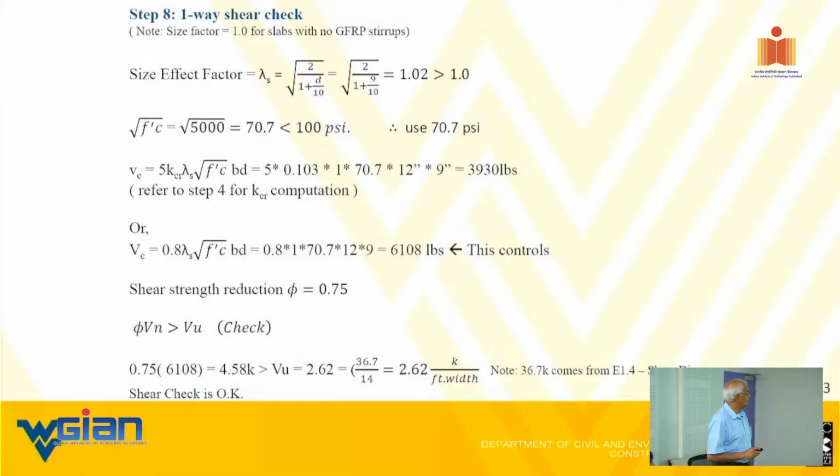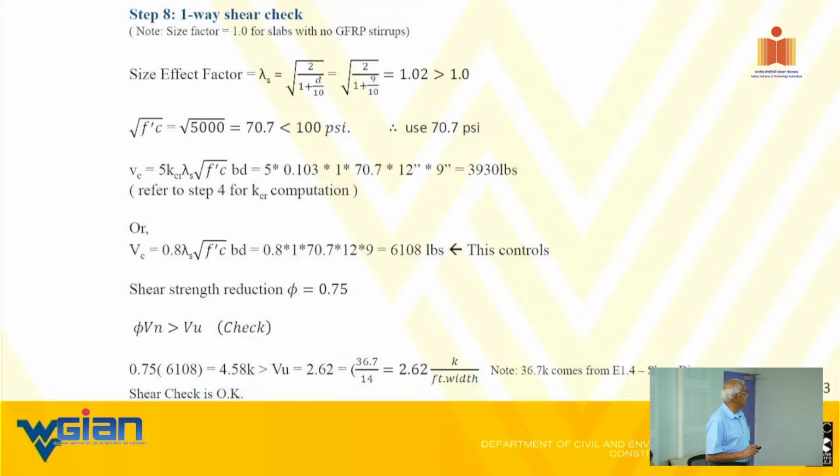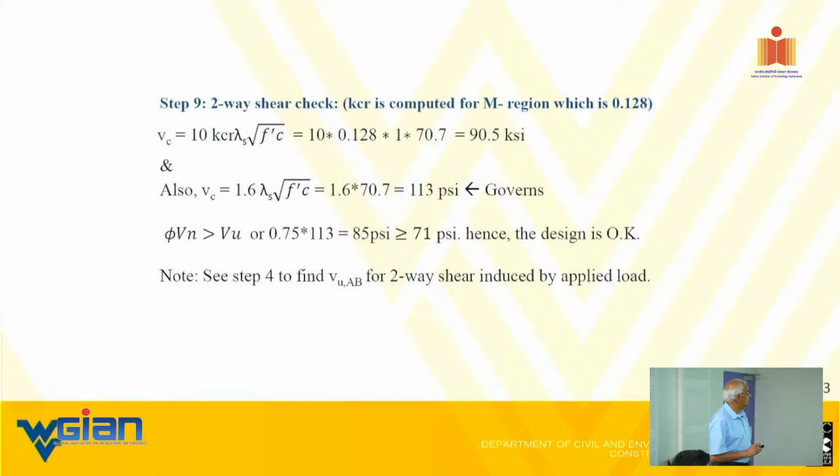Then we have a one-way shear check. Then I have a two-way shear check. The difference between one-way and two-way shear check is the resistance. Please look here. The resistance offered by the cross-section, that equation is slightly different from the resistance offered by the two-way check. It's all twice.